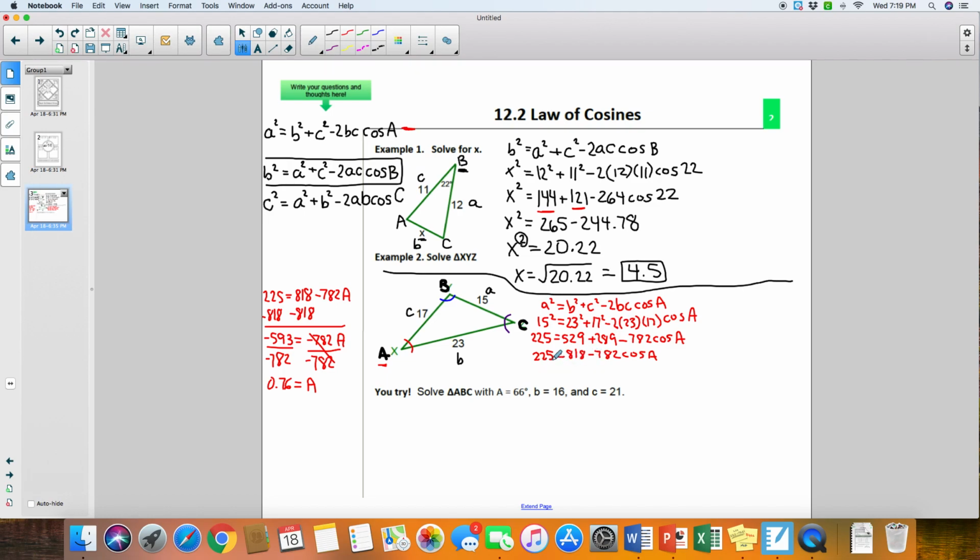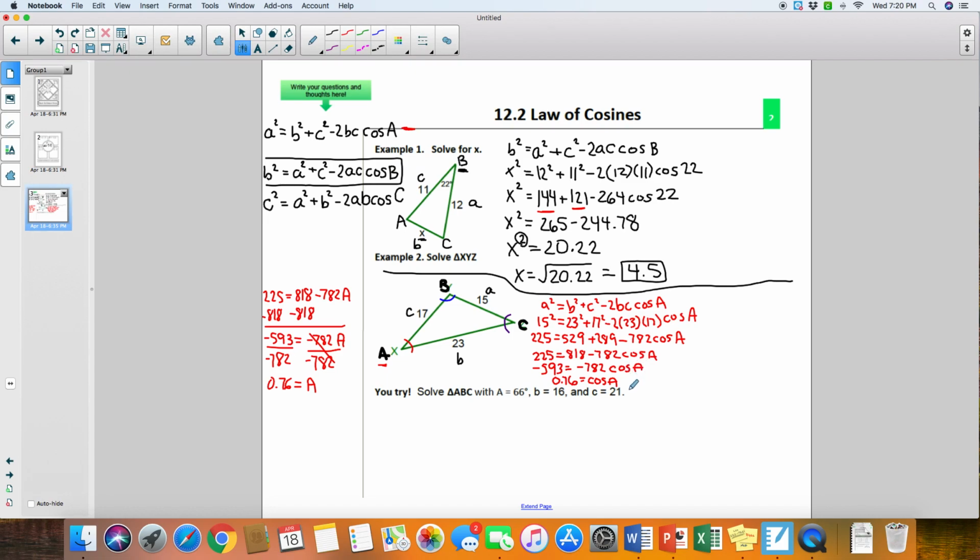I would subtract the 818 on both sides to get negative 593 equals negative 782 cosine A. And then I would divide both sides by negative 782 to get 0.76 equals cosine A. Like I said, the steps are exactly the same. Just imagine the cosine was not there. You would subtract the constant on both sides, and then you would divide by the coefficient next to those variables.